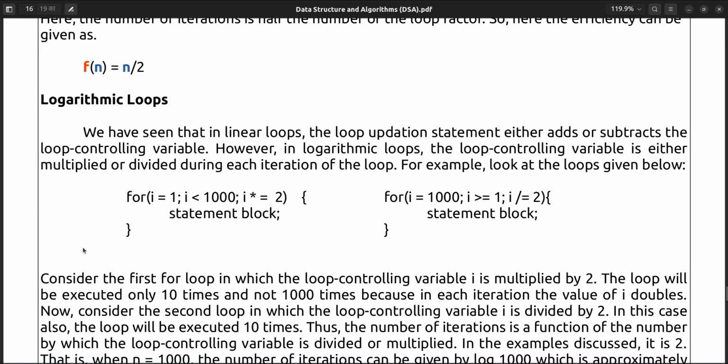Okay, next one is the logarithmic loop. What is a logarithmic loop? If you are doing any multiplication or division.